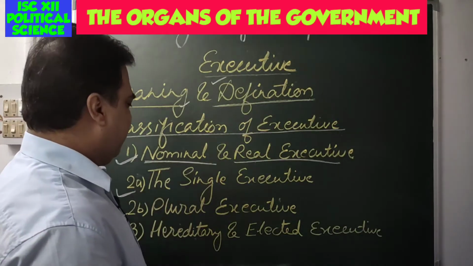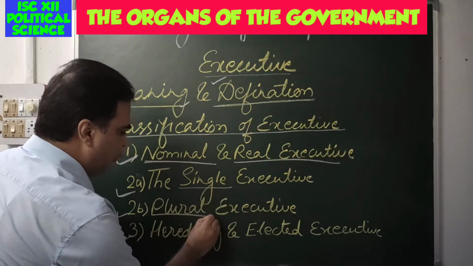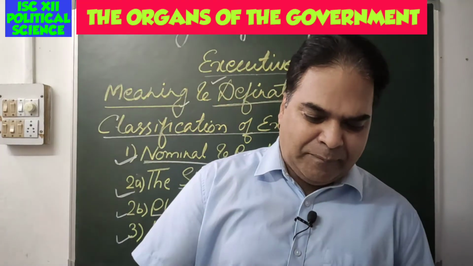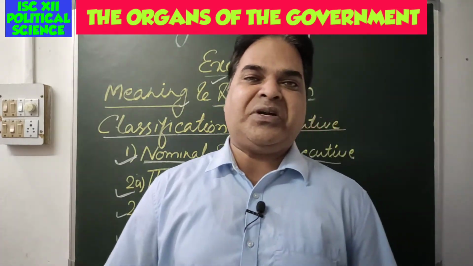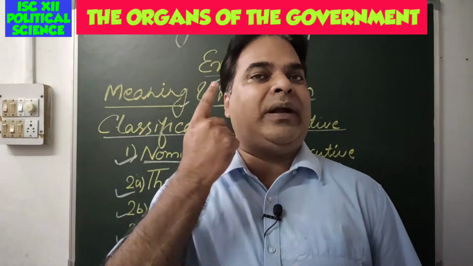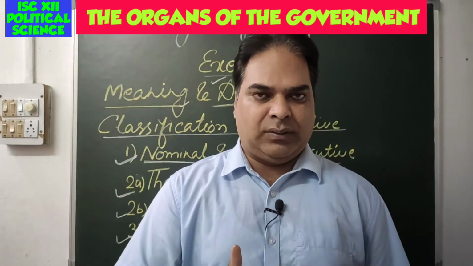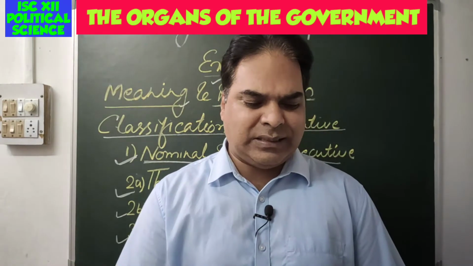Then the next one we have is the single executive and the plural executive. Single and plural. Plural means more than one. So single executive, my dear, means that the executive power is concentrated in the hands of a particular individual, one individual or a group of individuals together will be called as one.